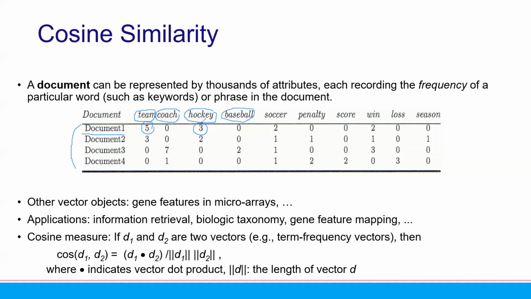So maybe the words are like the hockey team wins, yeah, because we have win here. The hockey team wins from this team, and then the soccer team also wins among the other teams. So yeah, maybe that kind of expression is available in that document.